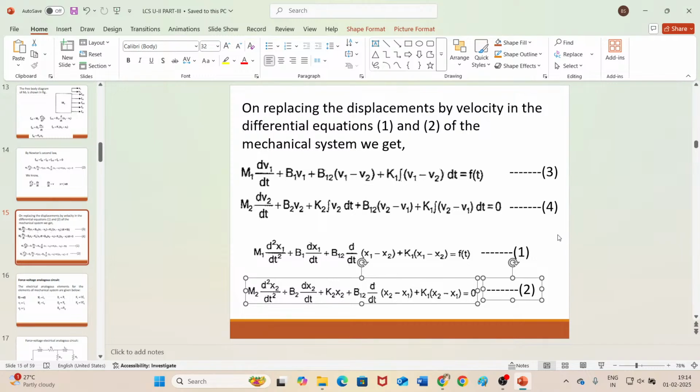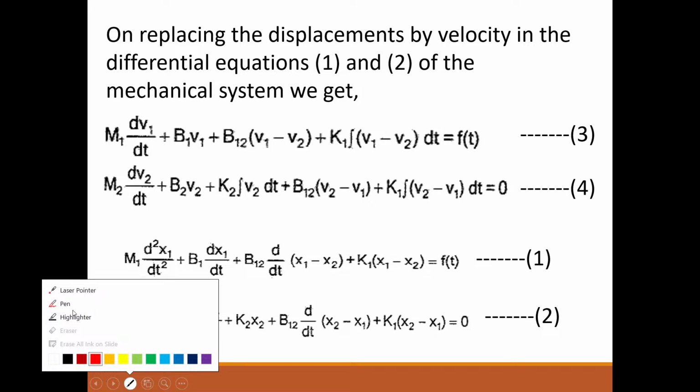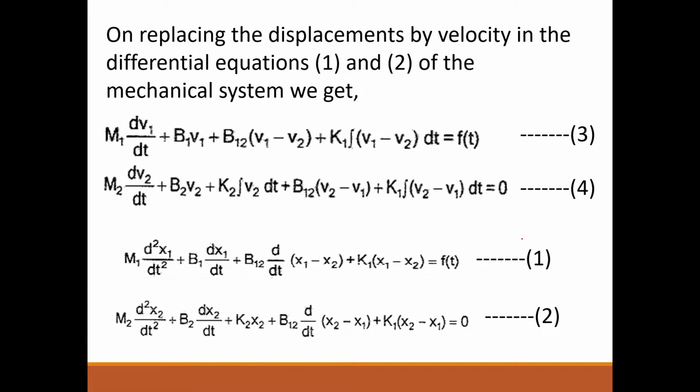These two are the equations. Okay. So now just compare equation 1. Just replace x. m1 into d square x1 by dt square. What is d square x1 by dt square? It is dv by dt. So instead of d square x by dt square, what you must write? This is our equation 1 and 2.